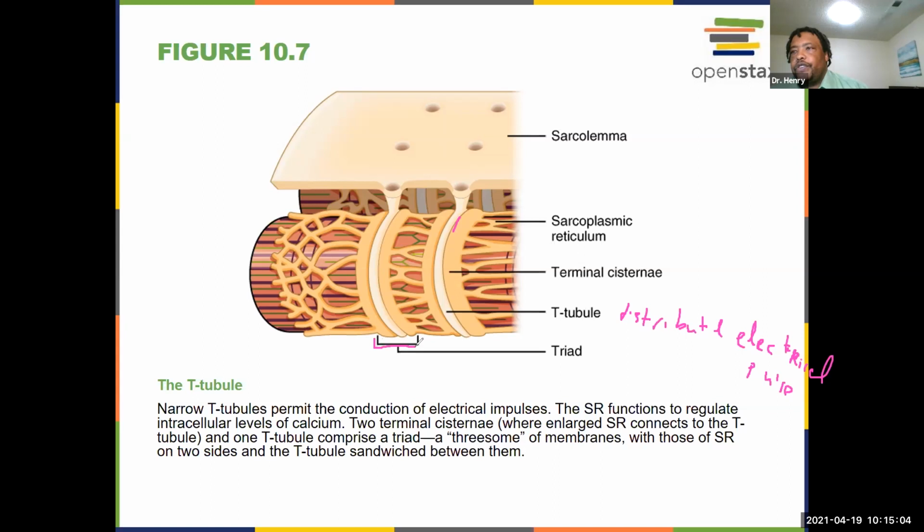The triad is just a combination of your sarcoplasmic reticulum and your tubule. It's three membranes that kind of work as a team.